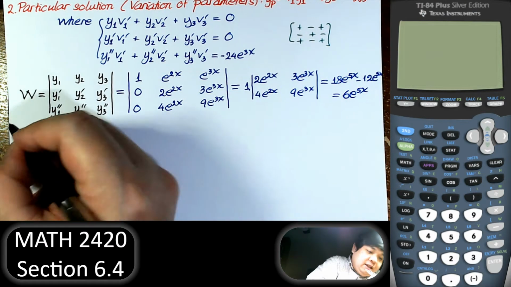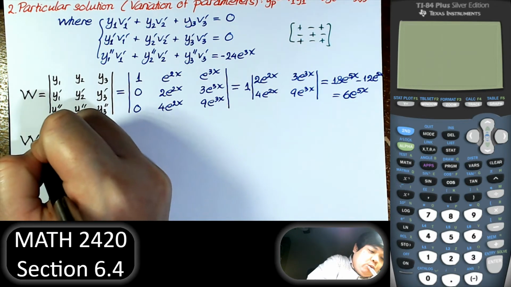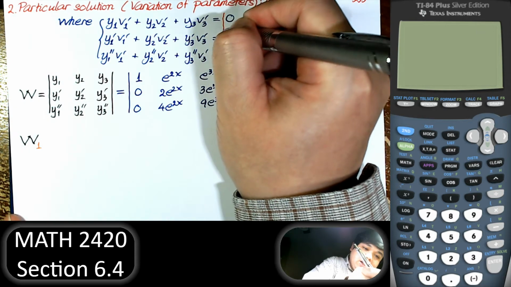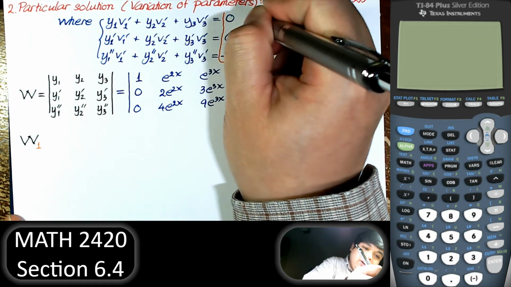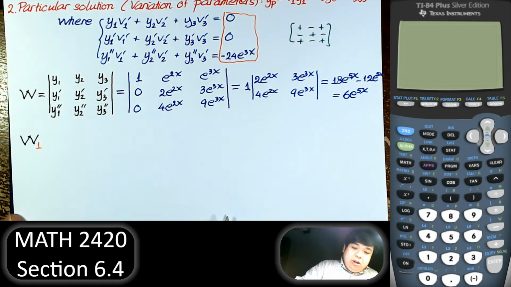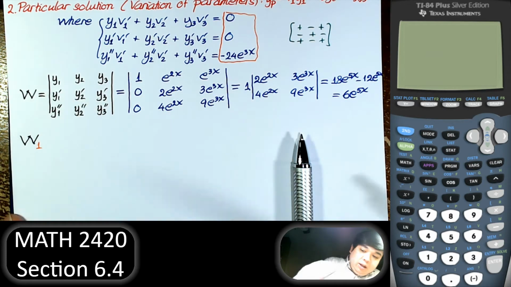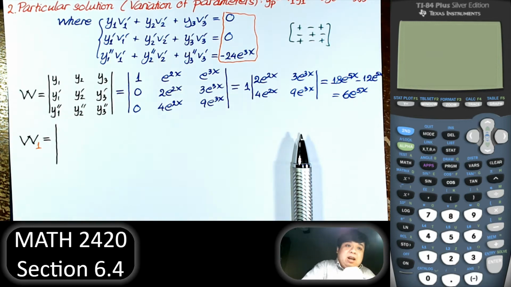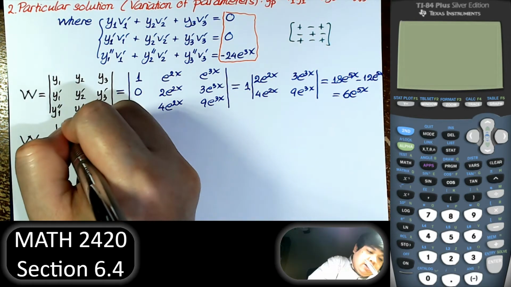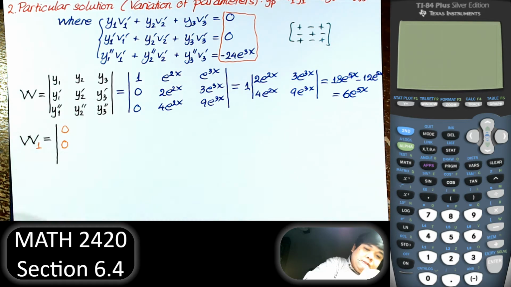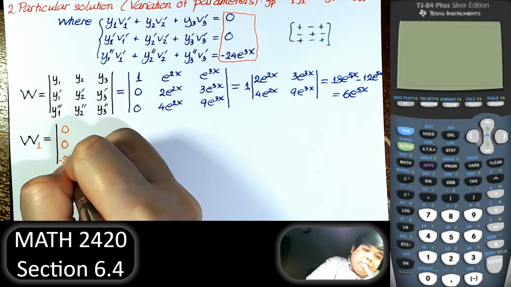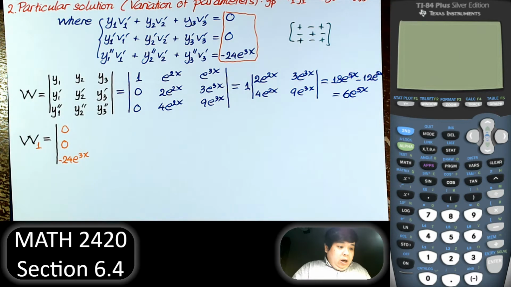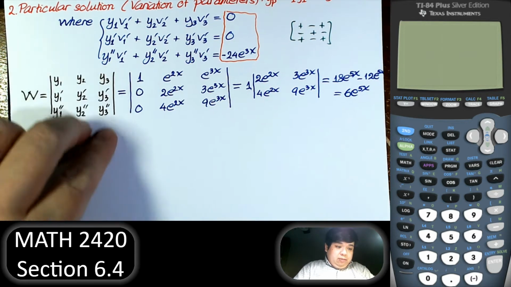Next, W1. For W1, we will replace this column with y1 and the derivatives of that. So 0, 0, negative 24e^(3x). But the other two will stay the same.